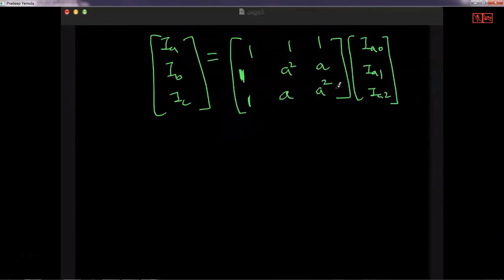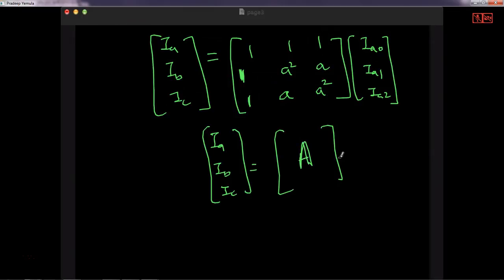So this is the IABC matrix. Or IA, IB, IC is equal to capital A multiplied by IA0, IA1, IA2. So if this is known, then simply multiply, this is just a constant matrix, and then you will get the ABC.